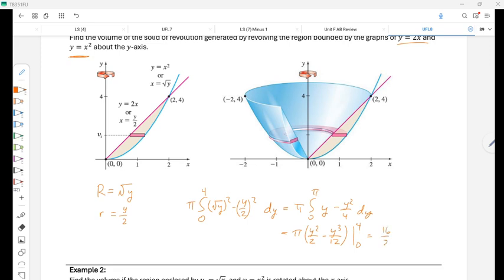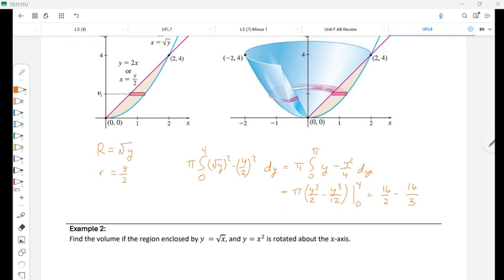So we end up with 16 halves minus, I'm only going to multiply 4 twice because I'm going to divide it out in that denominator of a 12. So instead of doing 4 times 4 times 4 and then dividing it by 12, I'm going to get rid of one of those 4s and give myself a denominator of 3. And then I only have 16 there. Yeah, how about a pi out in front? That would help. Boom. Thank you.